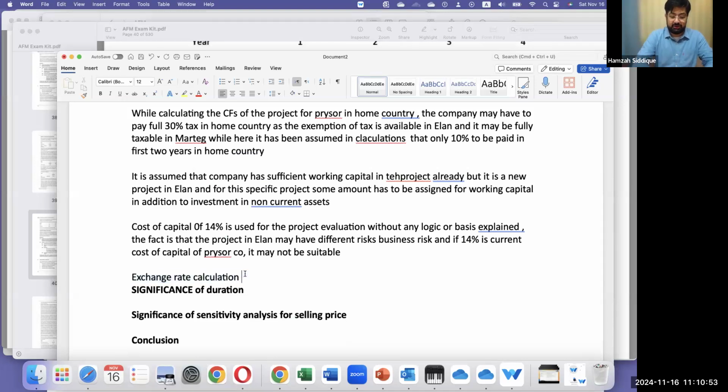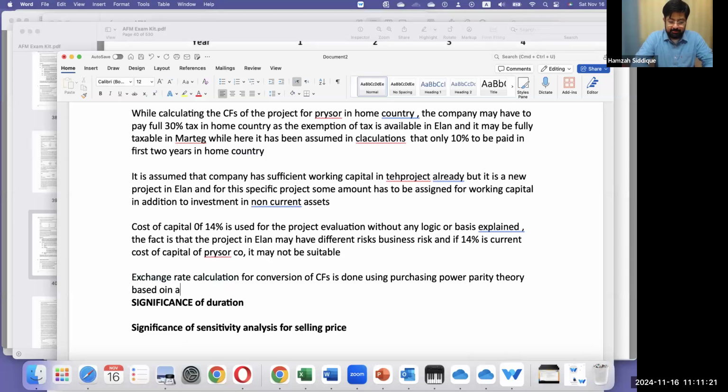Exchange rate calculation for conversion of cash flows is done using purchasing power parity theory, based on assumptions that exchange rates will fluctuate based on inflation rates of currencies.